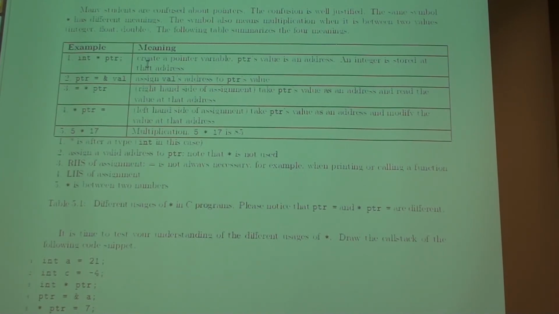That's bad, because you don't know what address 100 means. So you should say star PTR equals 7. Based on that rule, you take PTR's value as an address, and you change the value at that address, which is the value of A. So this is equivalent to A equal to 7.